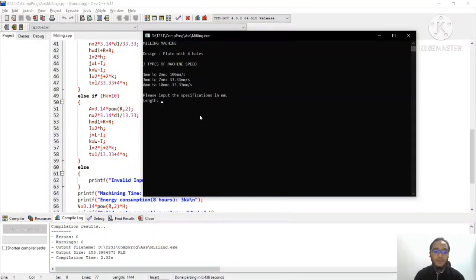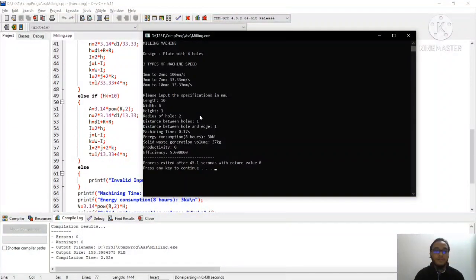For example, the length is 10, the width is 6, the height is 3, the radius of the hole maybe around 2, the distance between holes 1 and 1. So this is the output.